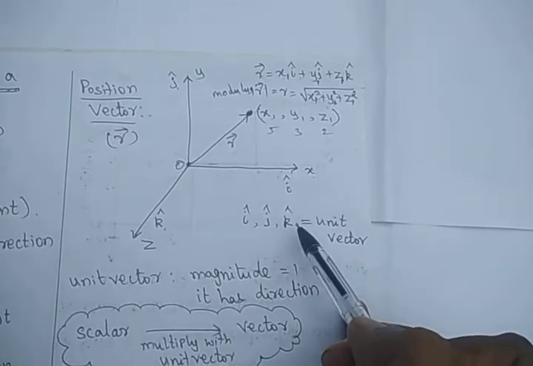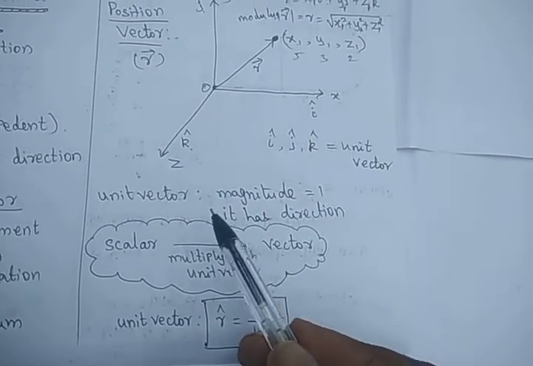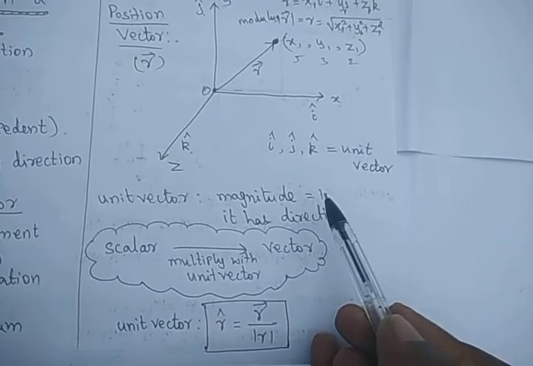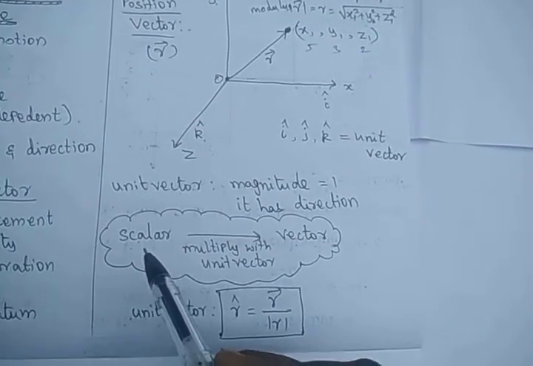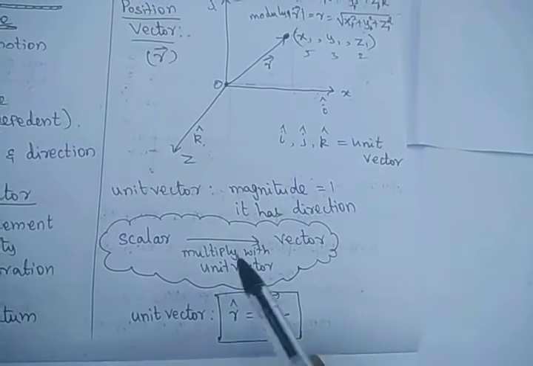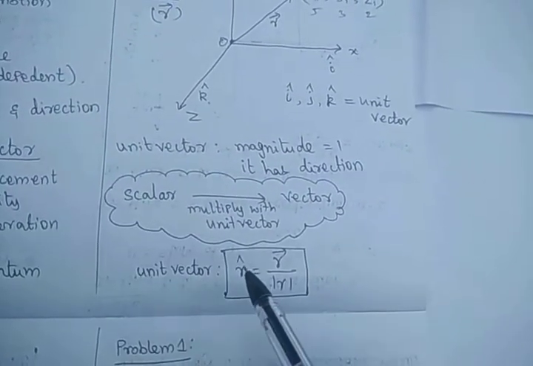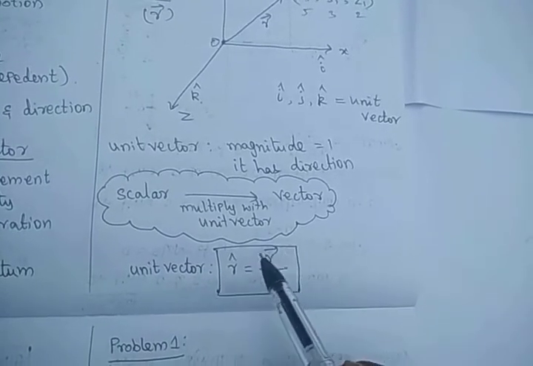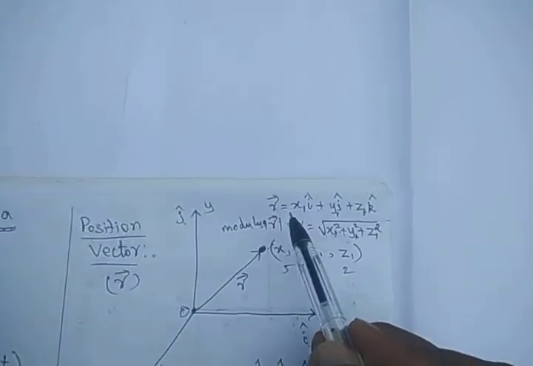I, j, k are the unit vectors. A unit vector is a vector which has magnitude 1 and represents some direction. We can convert any scalar into a vector just by multiplying with the unit vector. The unit vector can be represented as r cap, which is equal to r vector divided by modulus of r.